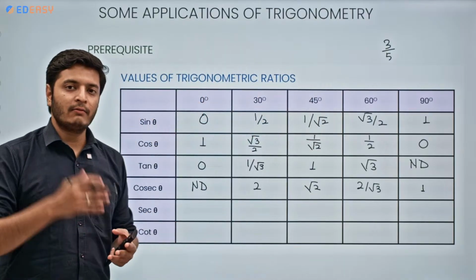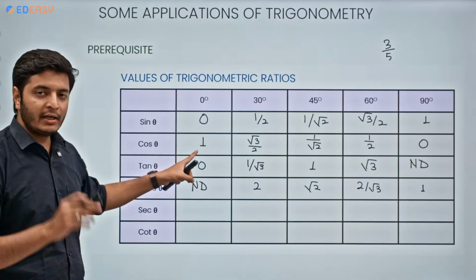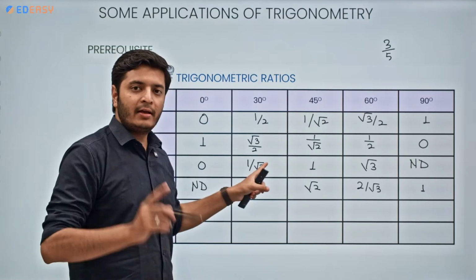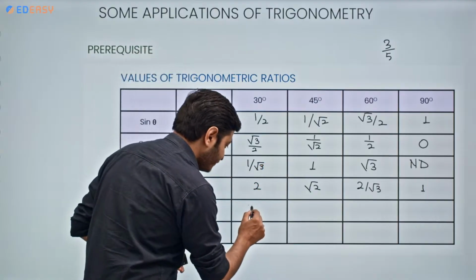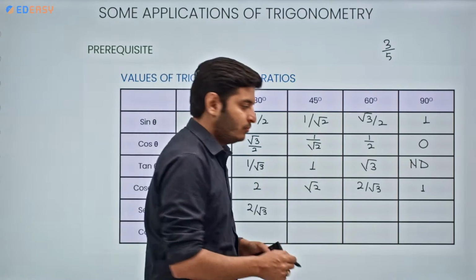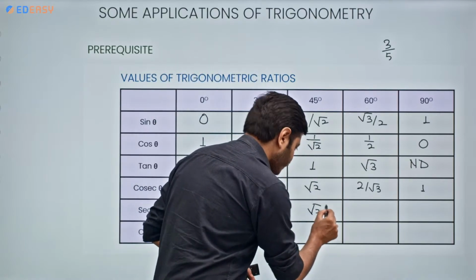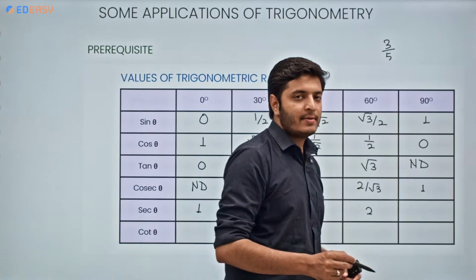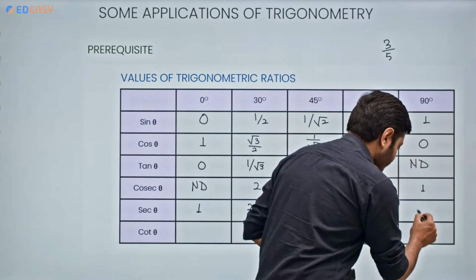Secant theta is 1 by cos theta. 1 divided by 1, 1. 1 divided by root 3 by 2, 2 by root 3. 1 divided by 1 by root 2, root 2. 1 divided by 1 by 2, 2. 1 divided by 0, not defined again.